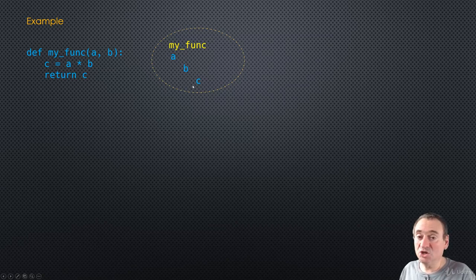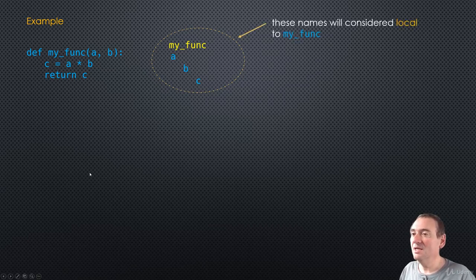It doesn't create the scope or the namespace because we haven't called the function, but it predetermines at compilation time that a, b, and c, when they will be created and put into a namespace, will be in a local namespace, not the module namespace and certainly not the built-in namespace. So these names will be considered local once they get created.